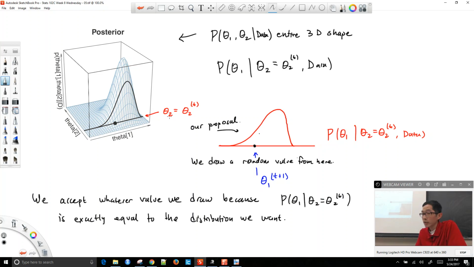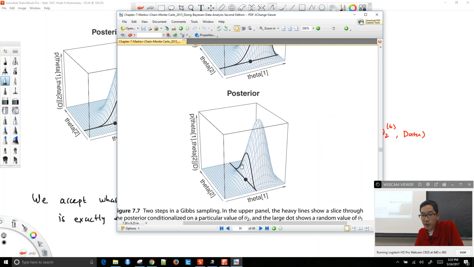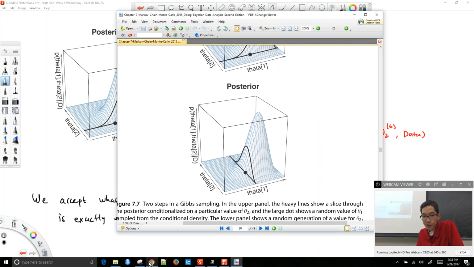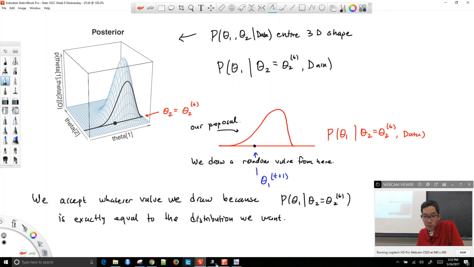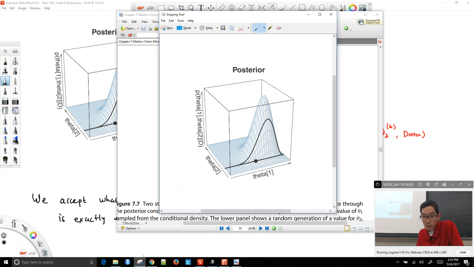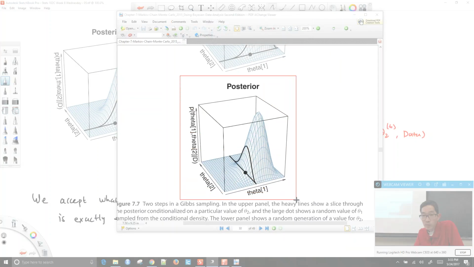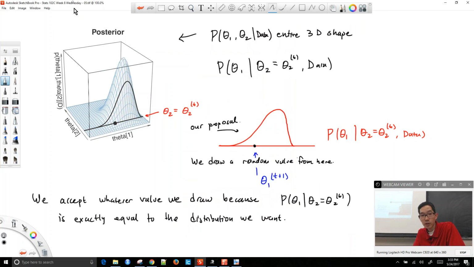Okay, and so once we've accepted this, this is going to set the distribution for the next iteration. And so at the next iteration, we've drawn this value, and so we condition right here at this value of theta 1.